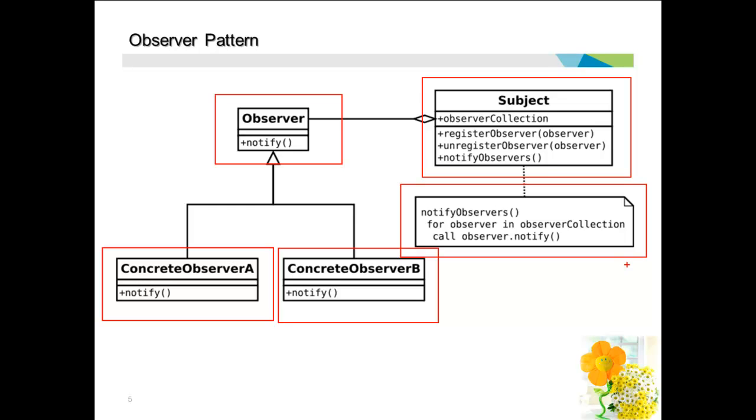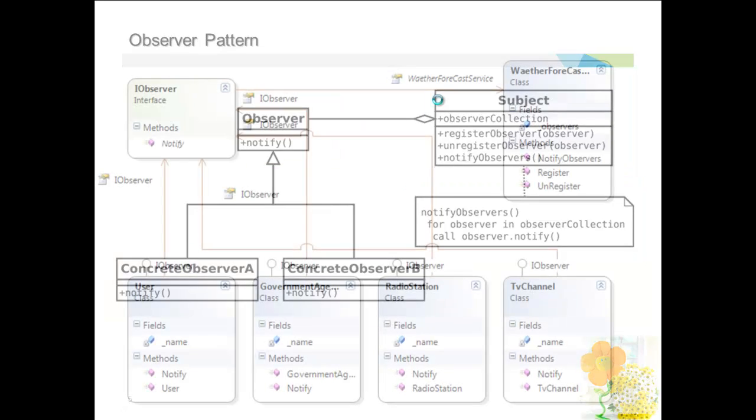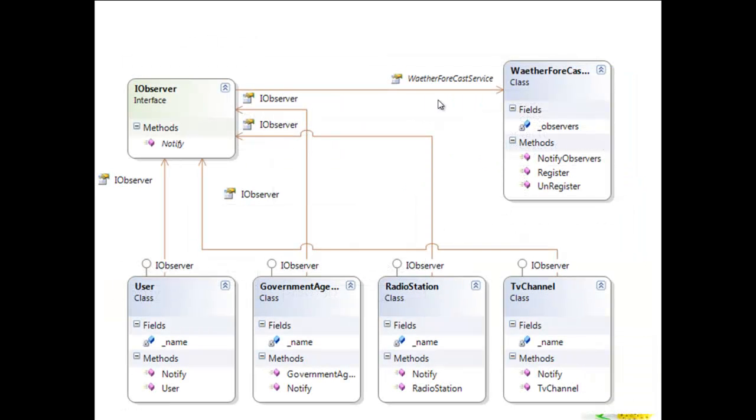So the call will get resolved to the respective concrete object, and the code will get executed inside the respective concrete objects. Okay, so let's look at the example that I'm going to take. So this is the example.